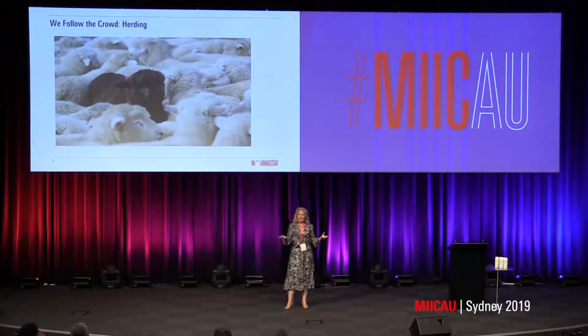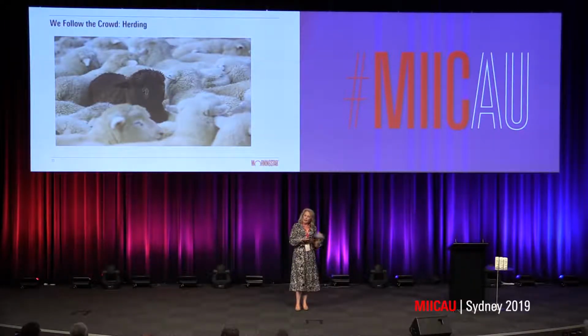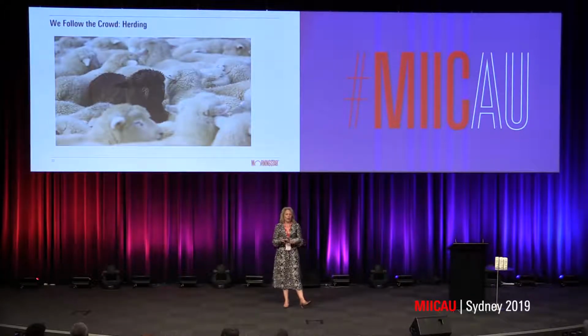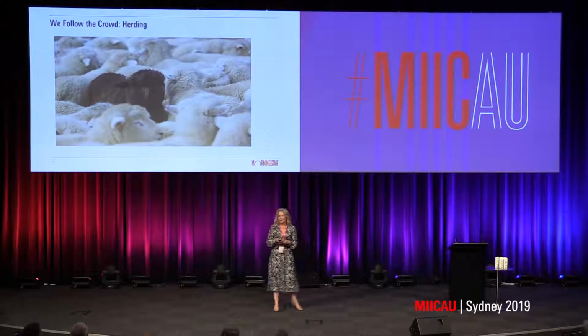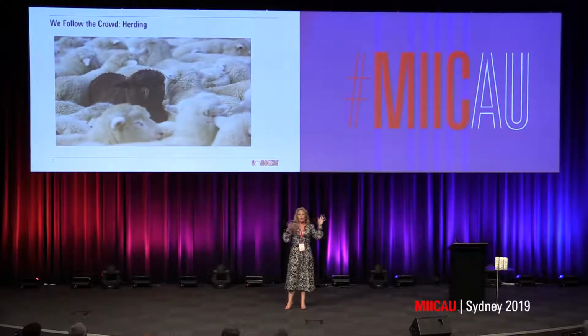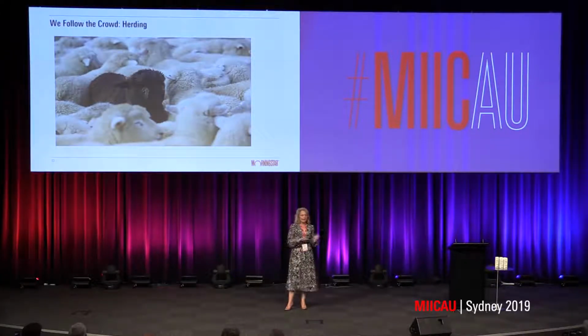I was working in investment banking at the time, and I remember a utility company that wanted to list on the stock exchange. I remember listening to their advisor at the investment bank saying to them, you know what, you should just put a .com on the end of your name and you will be so successful, because that was what was happening. Everyone was following the crowd.